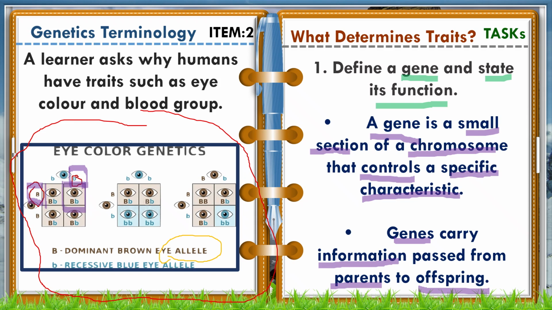And we are saying genes carry information which is passed from parents to offspring. Now this parent has handed over an allele, capital B, to the offspring. And this parent has handed over an allele, small b, to this offspring. Those alleles are the ones carrying the information which is going to determine the trait of this offspring.